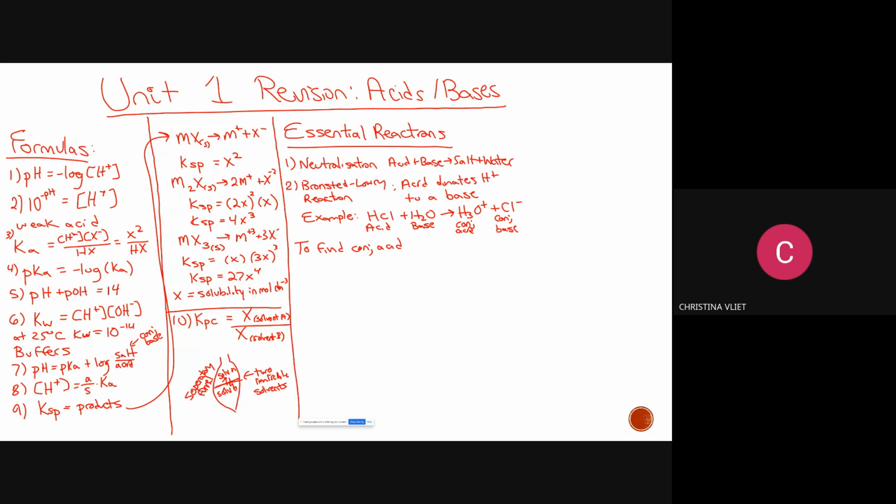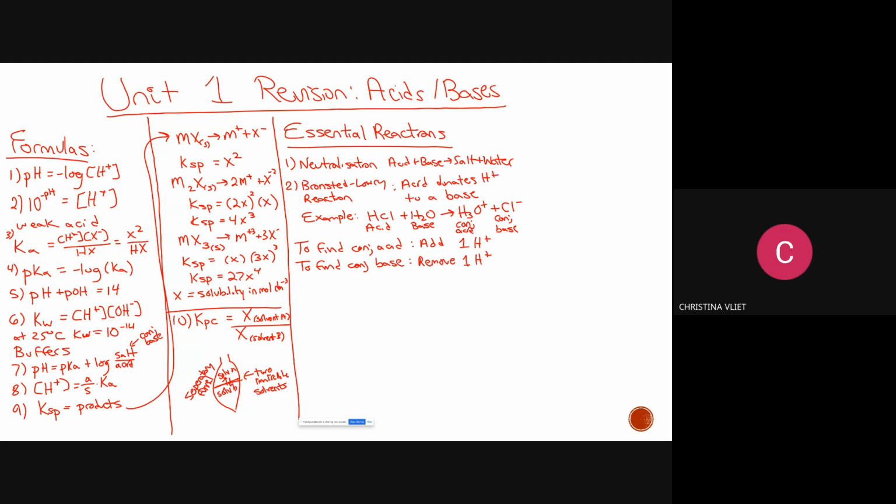If I gave you just a formula for something, what would you do? You would always add 1 H plus. And what if I asked you to find the conjugate base? Remove 1 H plus.